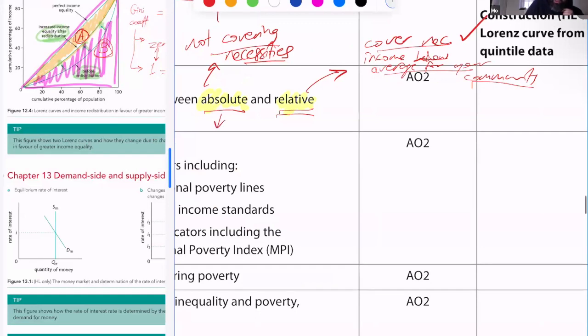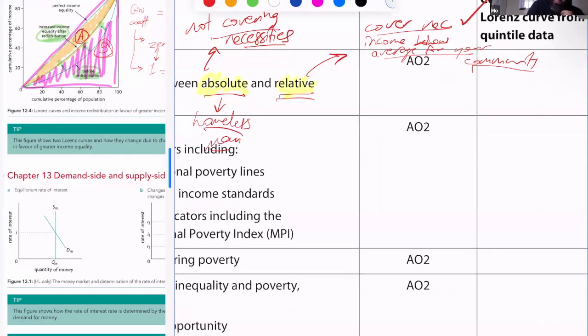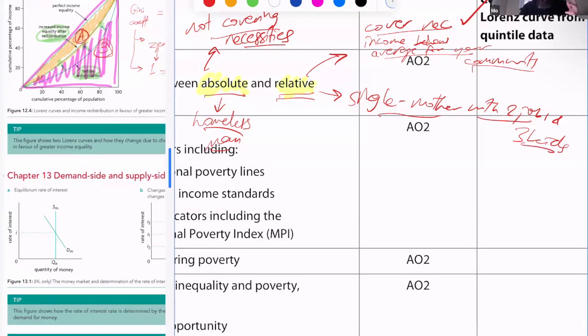So think of absolute poverty: a homeless man is experiencing absolute poverty. Think of a single mother with 2 jobs and 3 kids. We see that in Hollywood movies and TV shows a lot. A single parent with 2 jobs and 3 kids struggling to make ends meet is experiencing relative poverty.